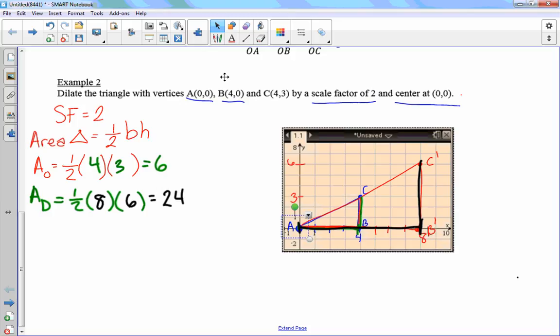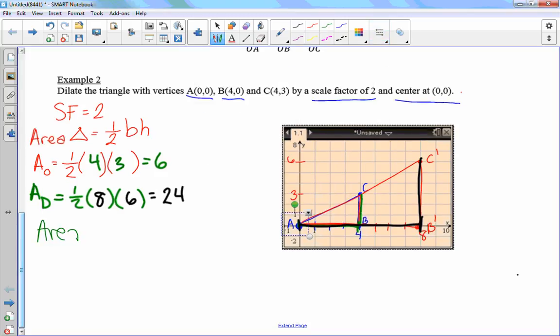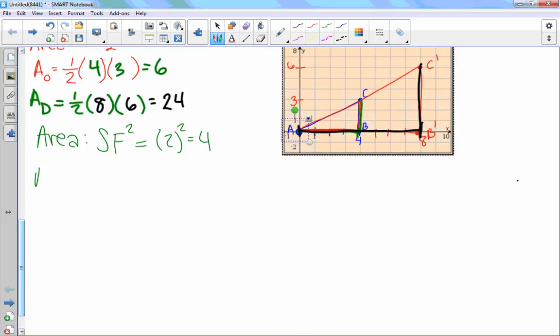So our area is being quadrupled because your scale factor squared is your relationship to the area. For the area, you take your scale factor and you square it. So in our case, it was 2 squared, which is 4. So the area quadrupled.